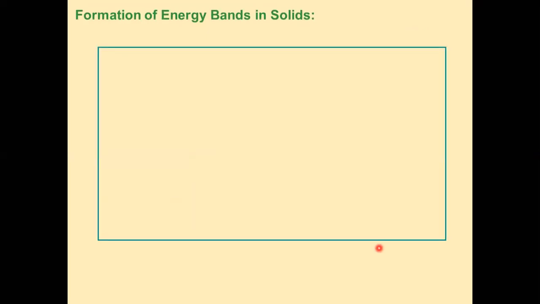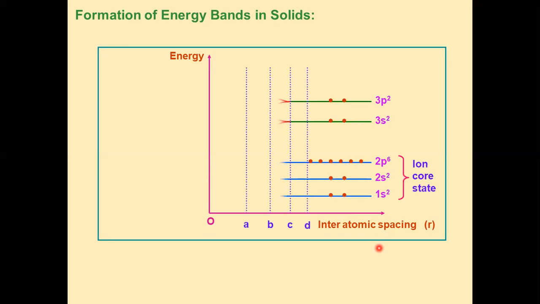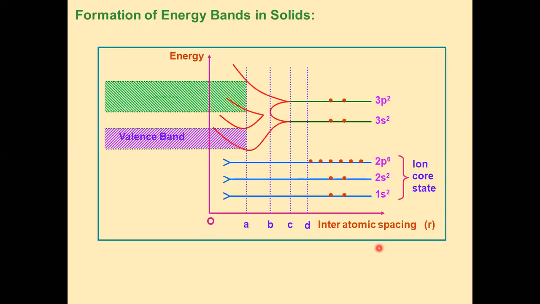The formation of energy band diagrams in the solid. So see here, these are the different energy levels due to the electrons. According to Bohr's atomic model, electrons revolve around the nucleus in an atom, and in an isolated atom, the electrons are orbiting around the nucleus with certain energy levels.